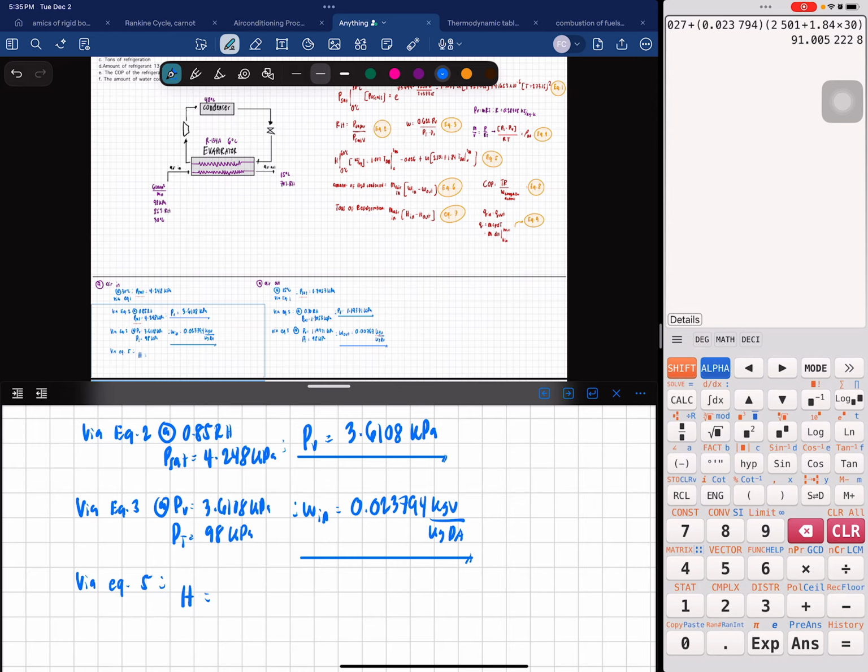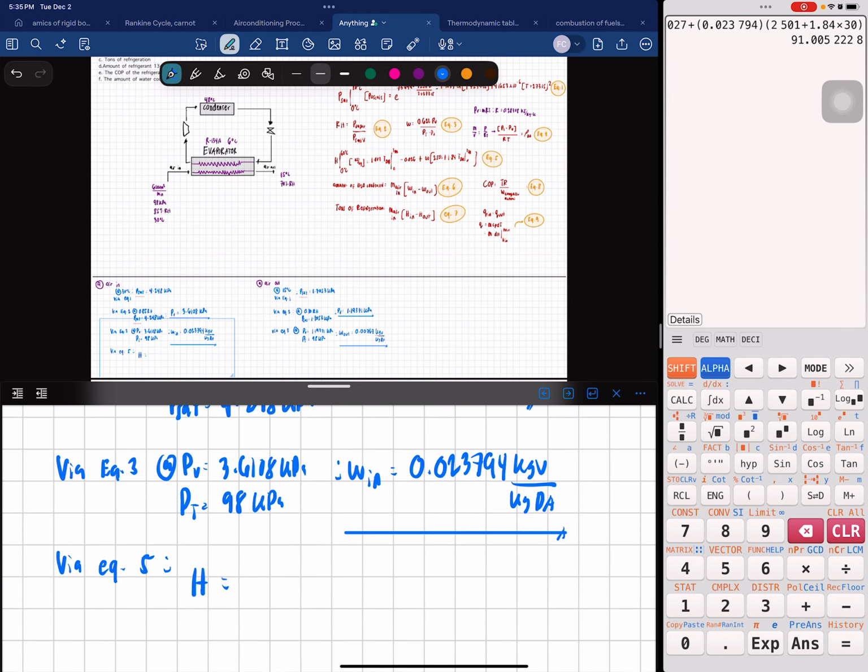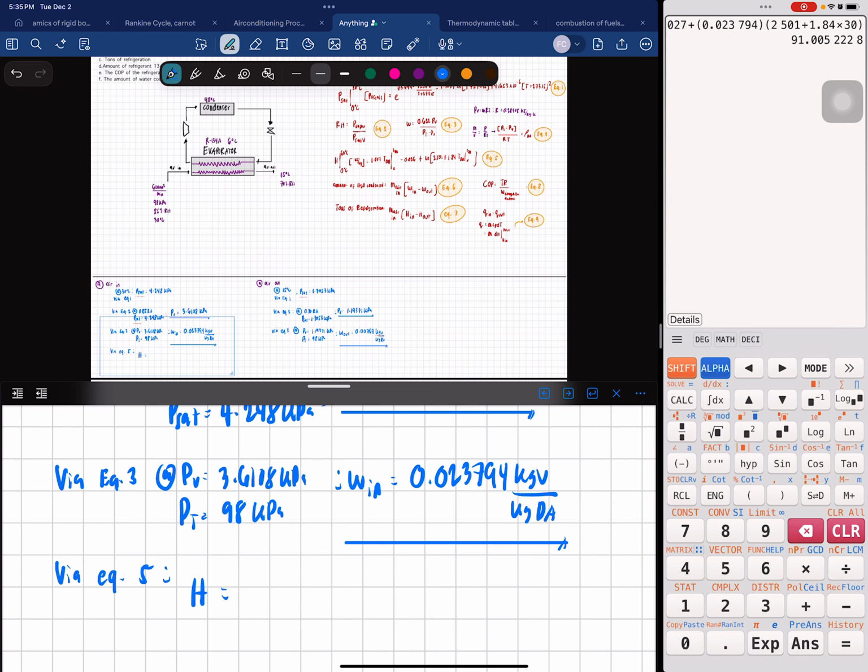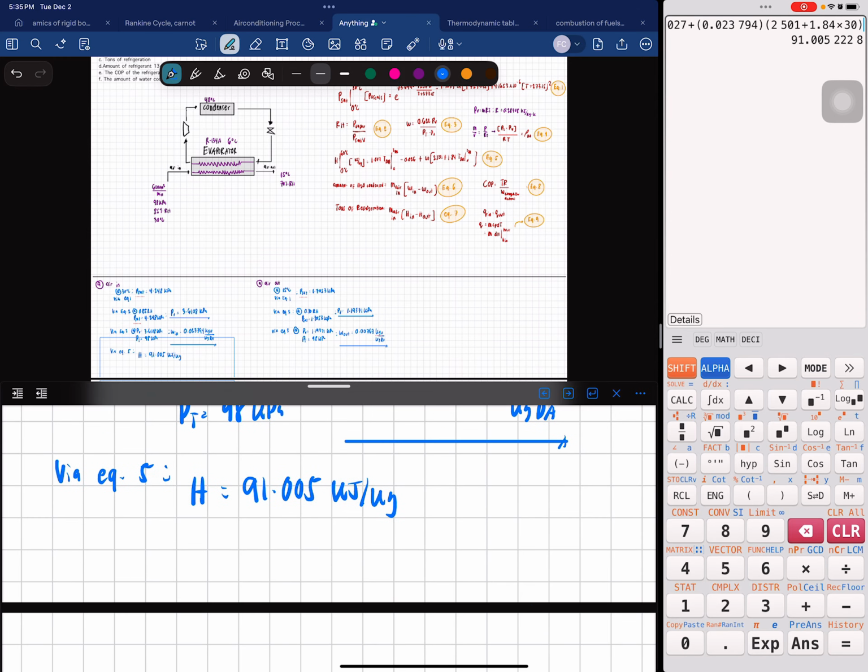Right? So we'll see that the enthalpy is around 91.005 kilojoules per kilogram.